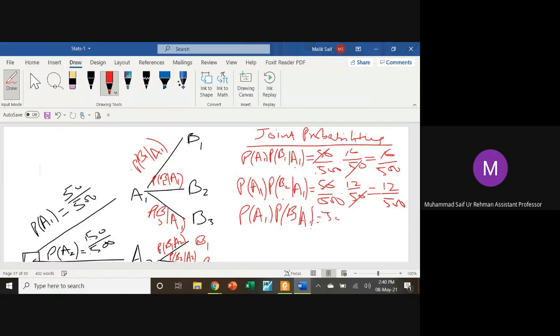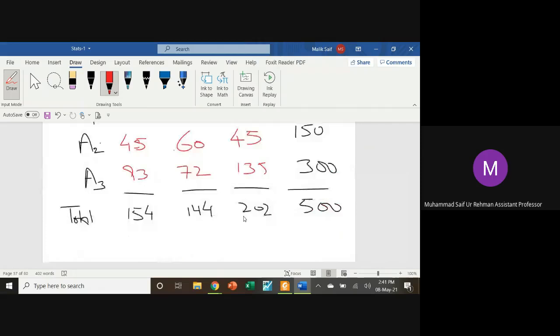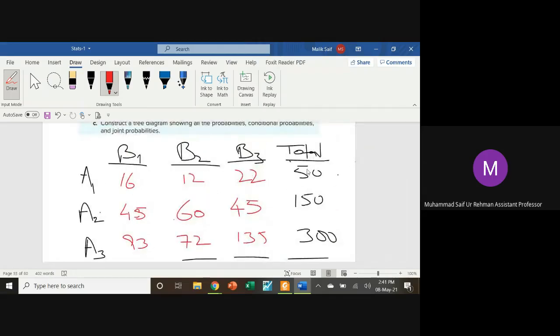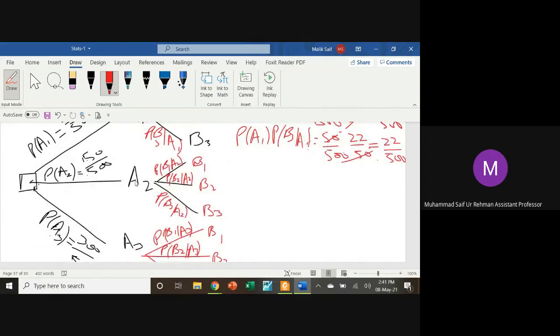So again 50 divided by 500, and you have to multiply this with B3 given A1, which is 22 divided by 50. 50, 50 cancelled, and you will remain with 22 divided by 500.